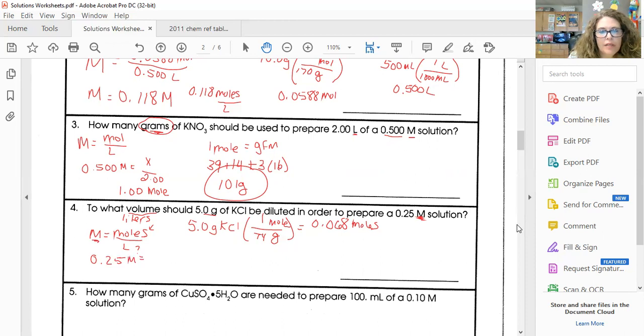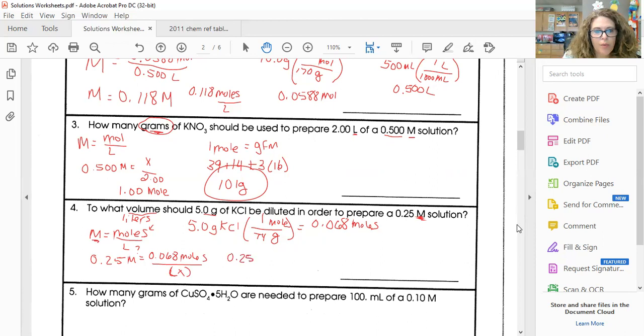And now I have 0.068 moles. And now I've got my liters, right? And if you want to, we can call that X. There we go. So then I can crisscross applesauce and cross multiply, right?